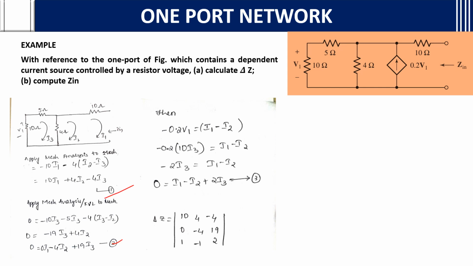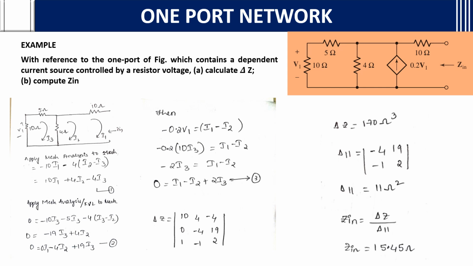You write these three equations in the form of delta Z. You will get 10, 4, minus 4, 0, minus 4, 19. From that determinant, you get 170 ohm cube. Then delta 11 is what? Remove the first column and first row, so you get the minor of delta Z, that is delta 11.